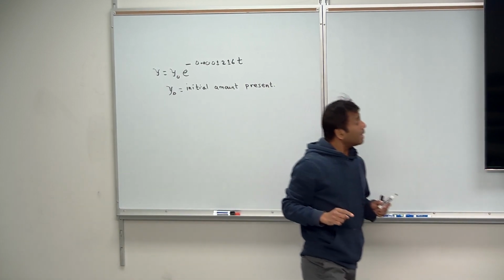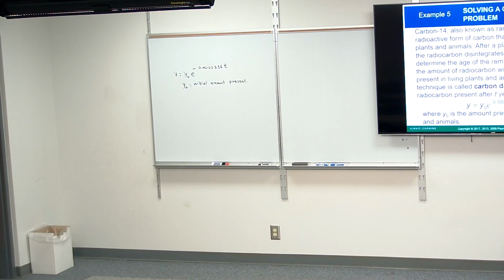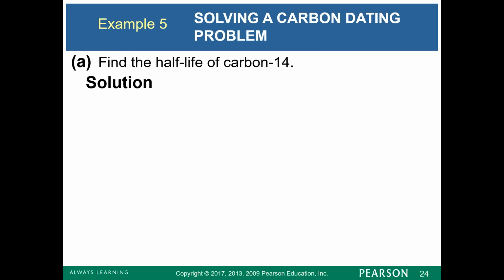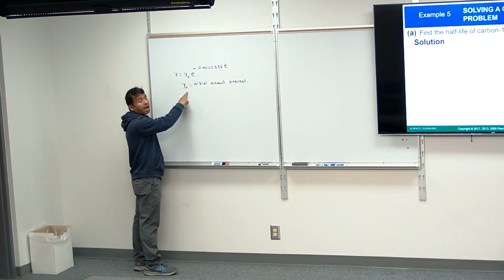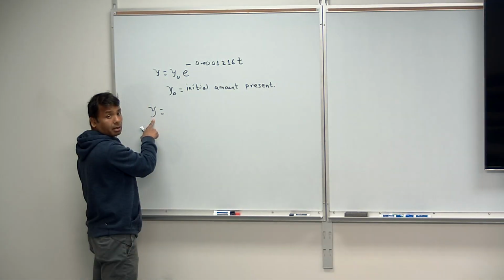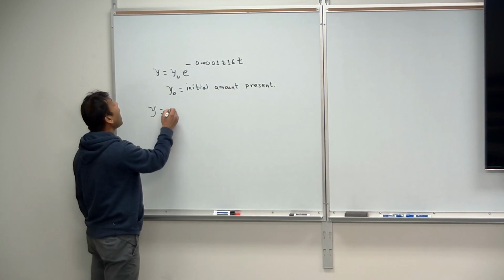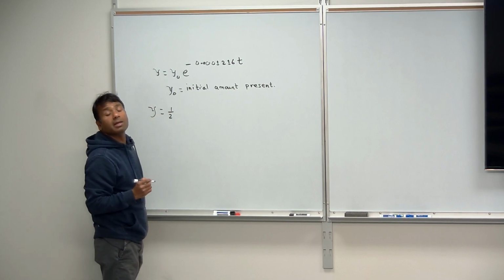So the first one is you need to find the half-life of carbon-14. The half-life means the amount after t years will be half of the initial amount.